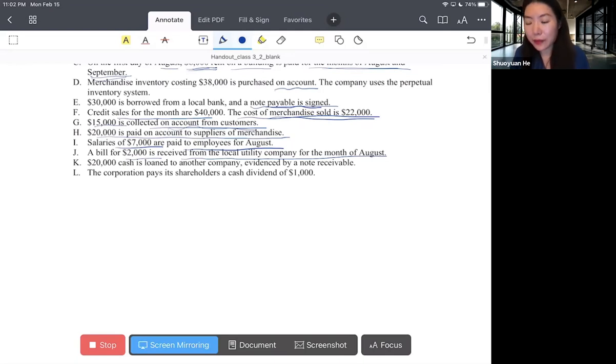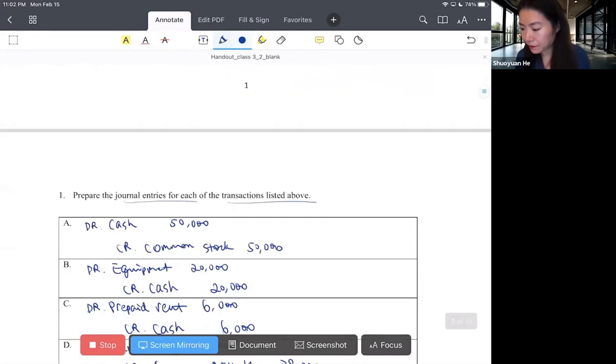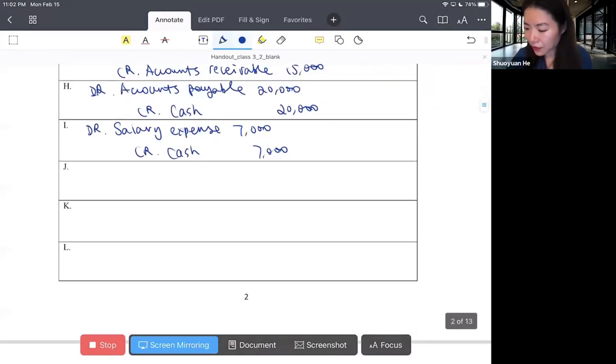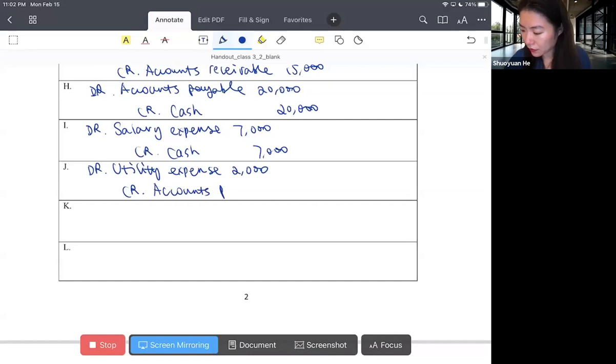So that is an account payable for the firm. Debit utility expense for 2,000 and credit accounts payable for 2,000.